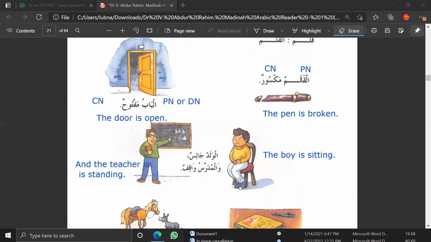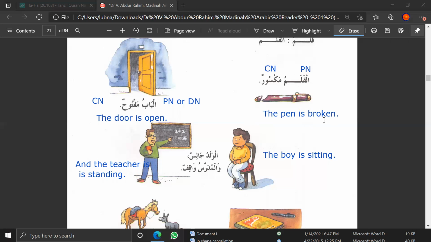So for the nominal sentence, what did we learn? When the proper noun combines with a common noun, then "is" comes, and this specific combination makes it a complete sentence grammatically, right?